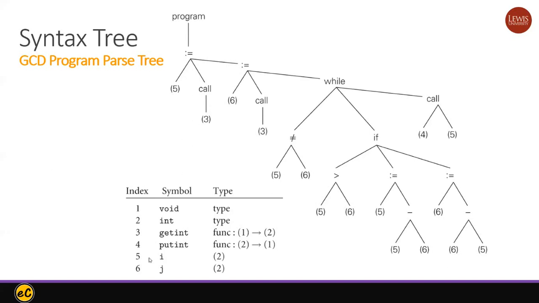I is assigned with, and then J is assigned with, while not equal, I not equal J, if greater than, I greater than J. So this is the parse tree of that GCD program.